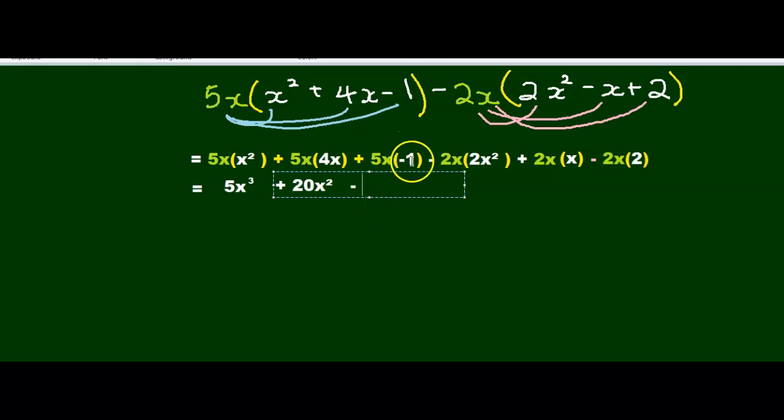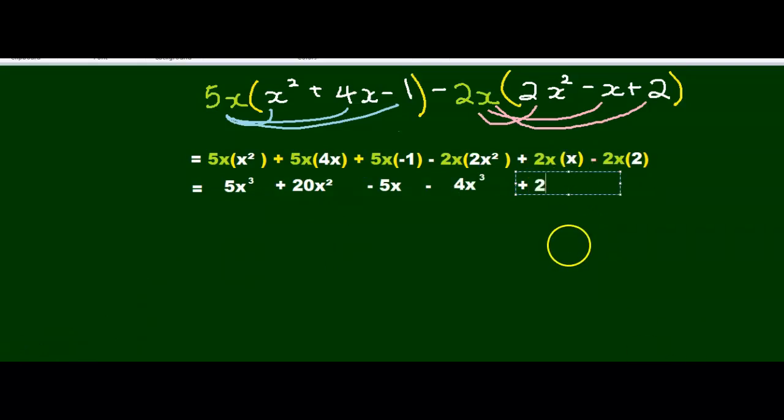So negative 1 times 5 gives me a negative 5, and we're left with the x. And then we have negative 2 times 2 is 4. X times x squared is x cubed, plus 2x times x gives me 2x squared, minus 2 times 2 is 4x.